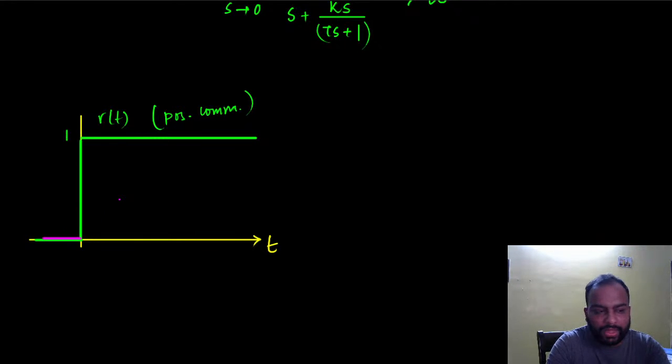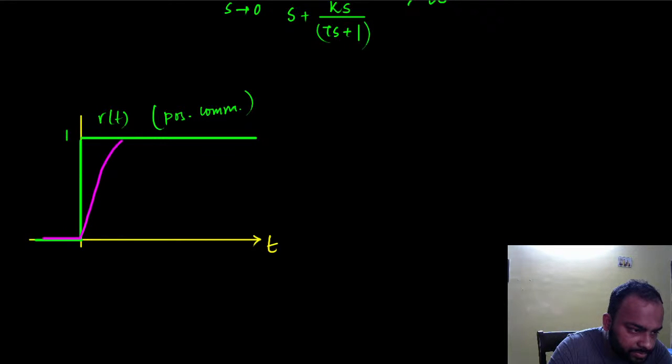The response could be oscillatory, since it's a second order system now. The response could be oscillatory or something else, but the point being, it is going to reach this steady state. So the response could look like this, could be oscillatory, but the steady state error is going to be 0 no matter what.